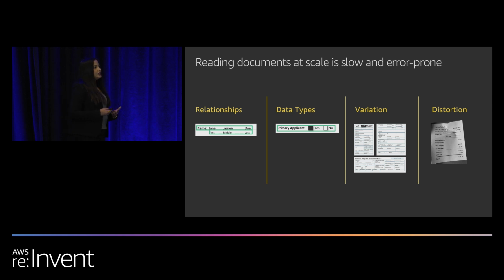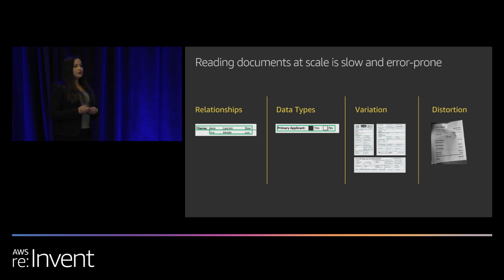Now, I don't need to tell this group why reading documents is important for business. But let's spend a few minutes talking about why it is challenging to read documents at scale. Well, first, it is slow and error-prone. It is difficult to capture relationships that exist between the various data elements in your document.